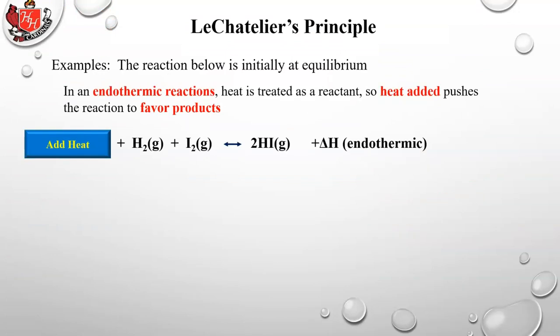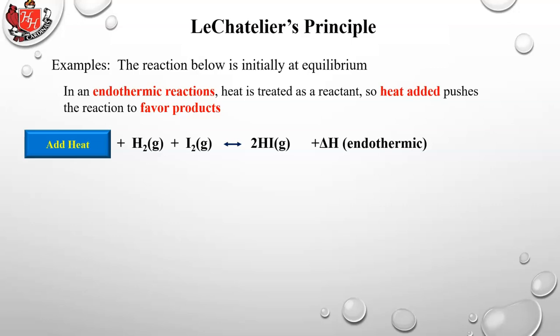In an endothermic reaction, that means heat is going into the reaction. Heat is treated as a reactant. So heat added pushes the reaction in favor of products. Endothermic means the reaction wants to take in heat in order to make the reaction happen. So if you have H2 and I2 producing 2HI and you put heat into the reactant side, it's going to push the reaction to the right.